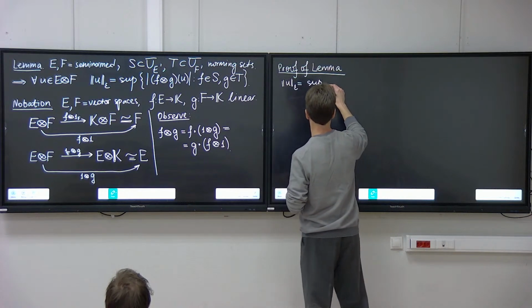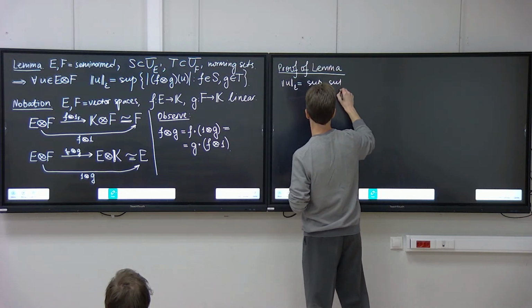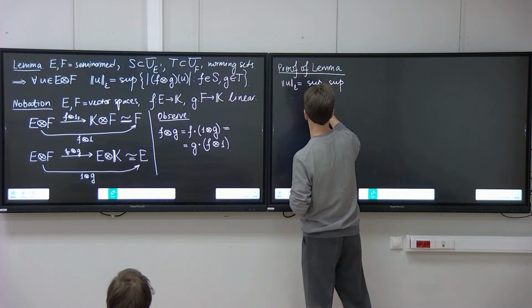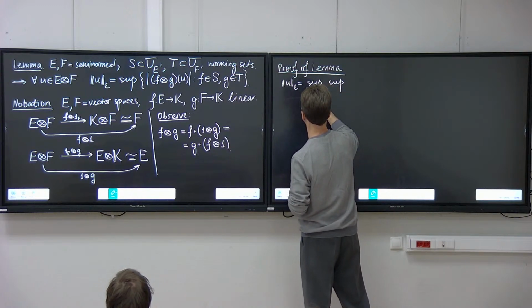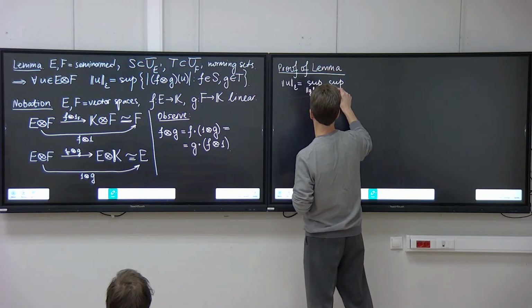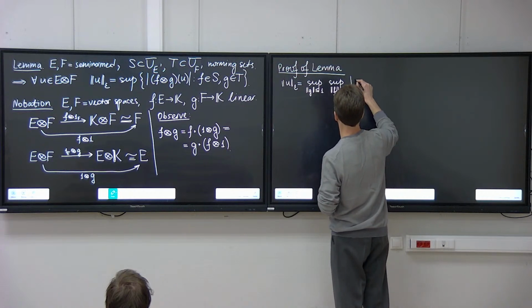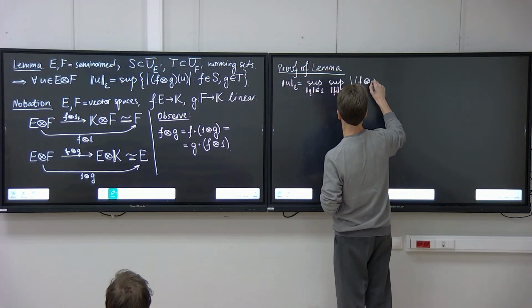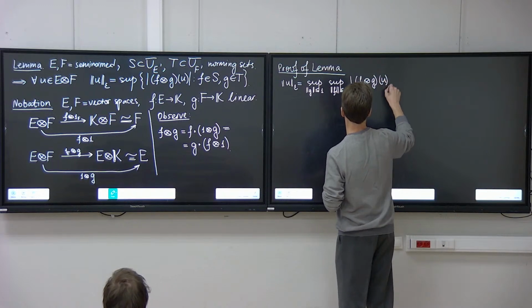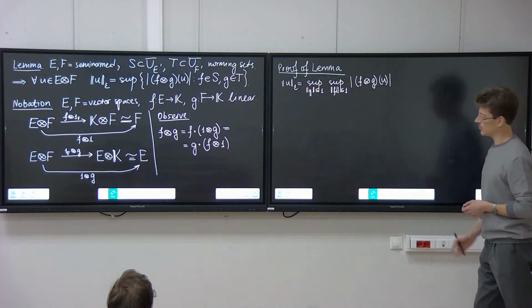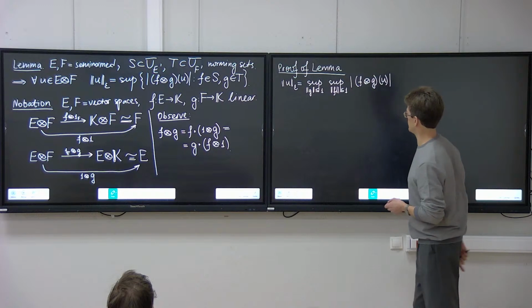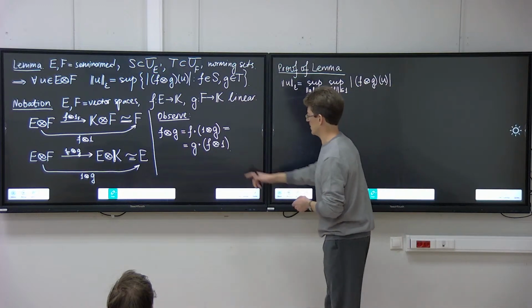Now let's write it as the iterated supremum over the unit balls of F tensor G applied to U. Now we replace this expression by this one.